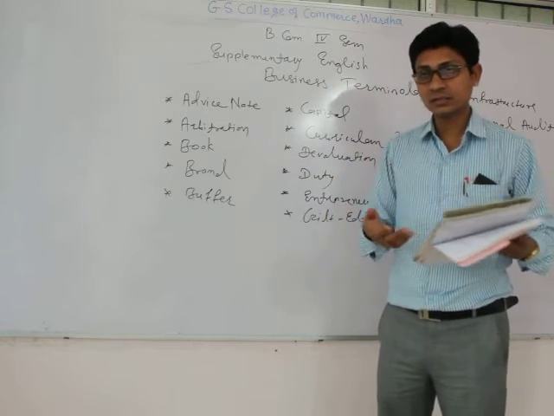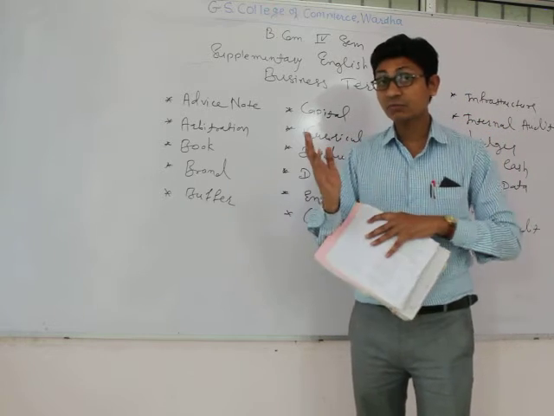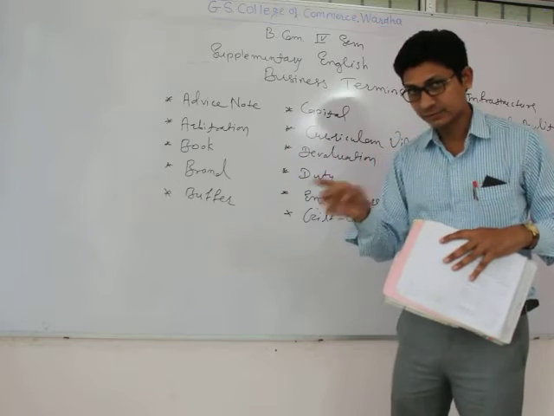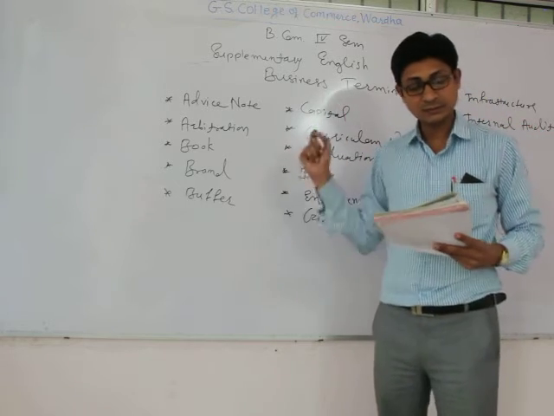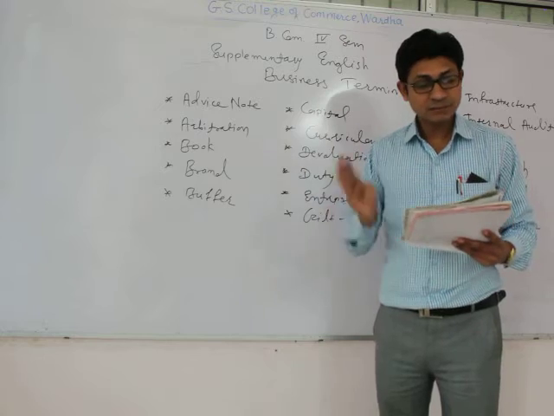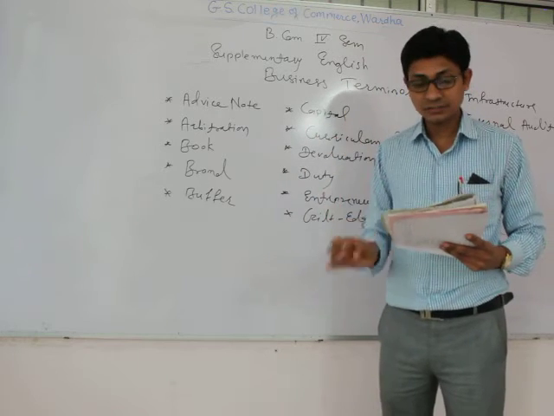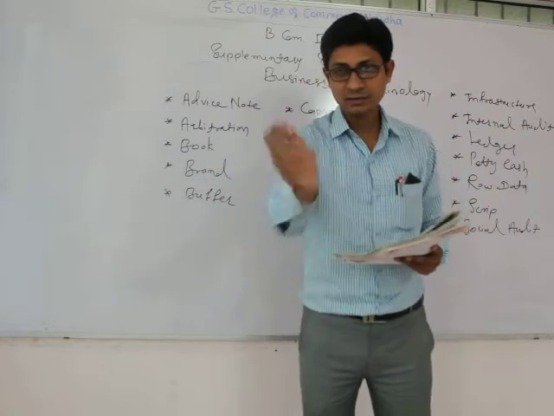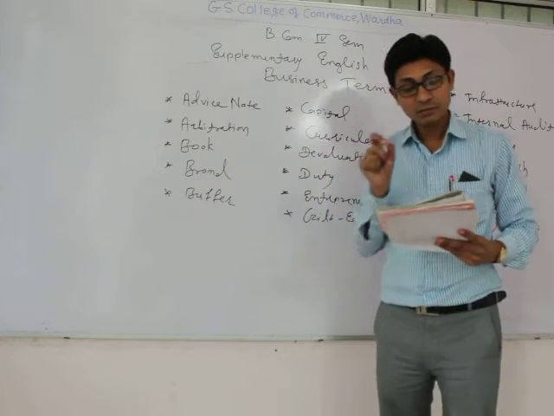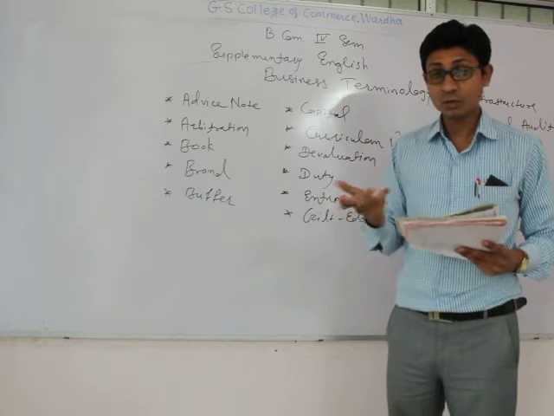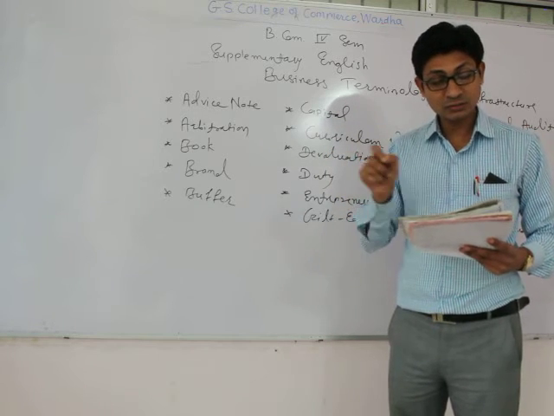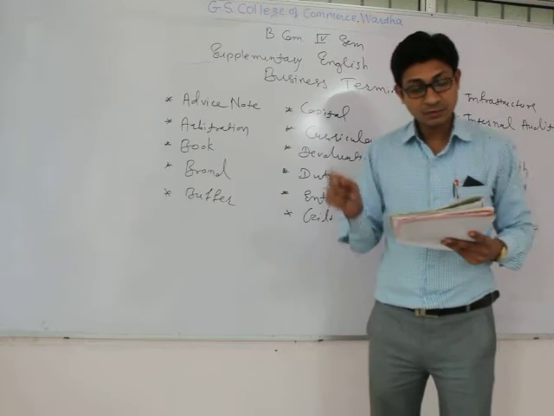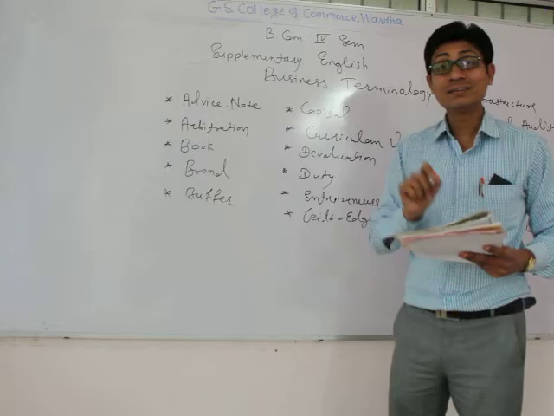Many times you place orders online and you receive a kind of receipt. So all these details are given there. But let's see this term in detail. A document detailing quantity first, then price, then delivery date, etc., which is sent to a buyer. If you are the buyer, it is sent to you to indicate that the goods or services requested by you have been dispatched or carried out.